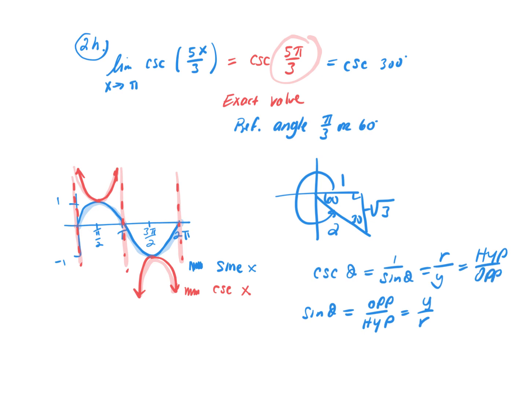So our hypotenuse is equal to 2. The opposite side would be negative square root of 3, because opposite the 60-degree angle, and then we have to rationalize. So multiply top and bottom by square root of 3 to get 2 square root of 3 over negative 3. And that negative can be out in front, or it can be in the numerator with the 2, like that. Either way, it's fine.